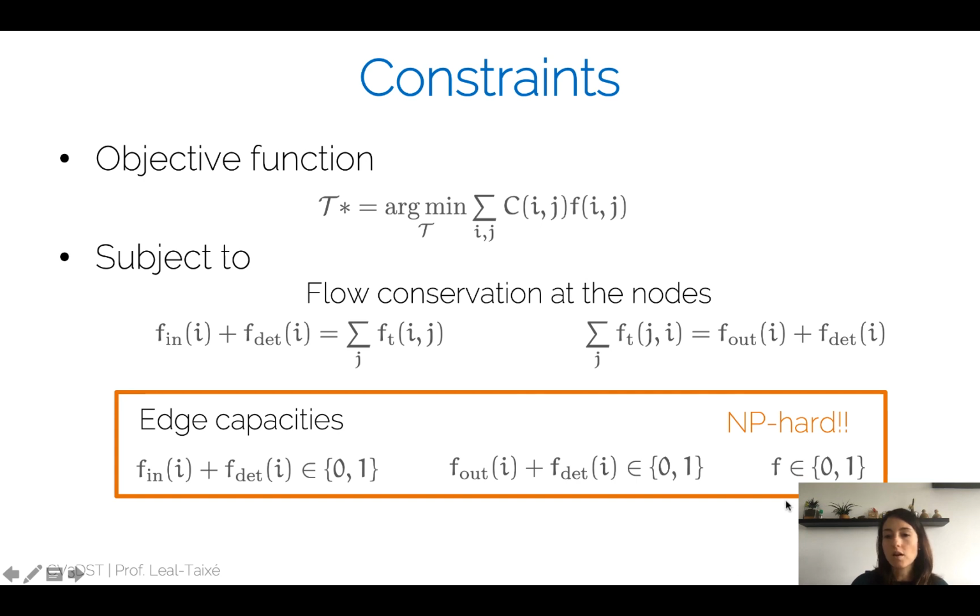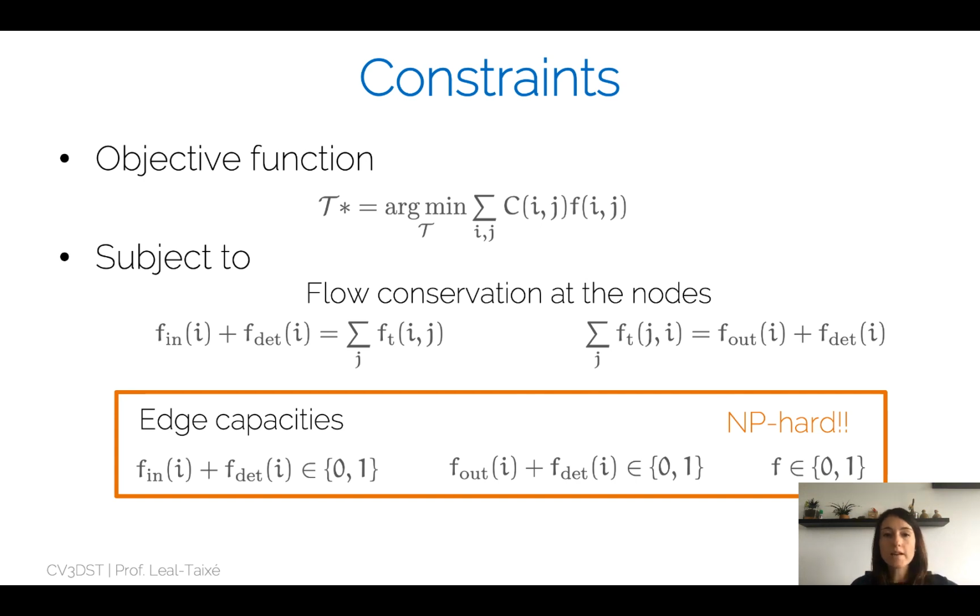The first constraint is that all the indicator functions are going to be either 0 or 1. There can be no half values, no 0.5, but either 0 or 1, either they're active or not. And at the same time, the flow that comes into a node and the flow that goes out of a node is going to be, again, either 0 or 1.